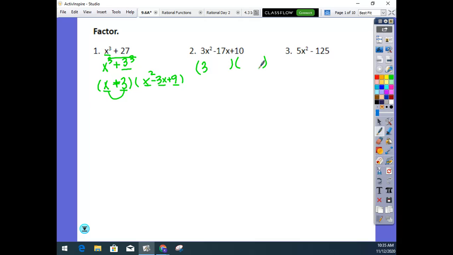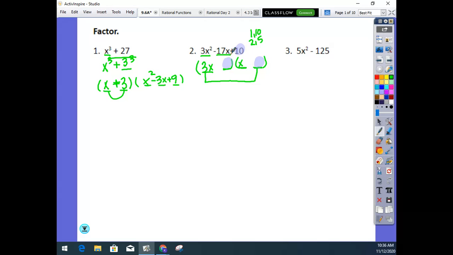I'm hoping that you're starting to connect that this times this has to make 3x squared. So that's 3x and 1x. Whatever you put at the end here, these two, first of all, have to multiply to get 10. So that's either 1 and 10 or 2 and 5.